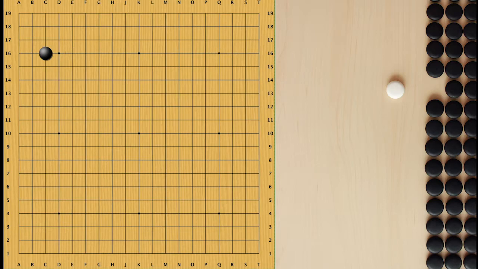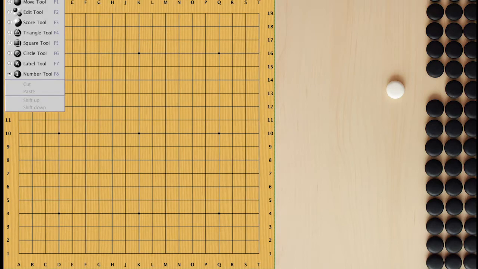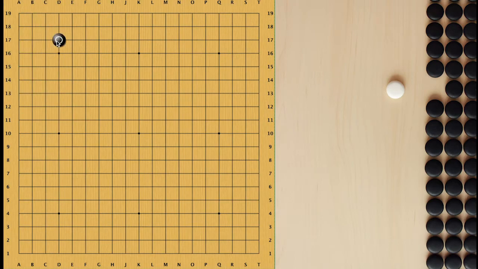Now, one thing I want to particularly address that you see in a lot of double-digit Q games is a player will first play here.